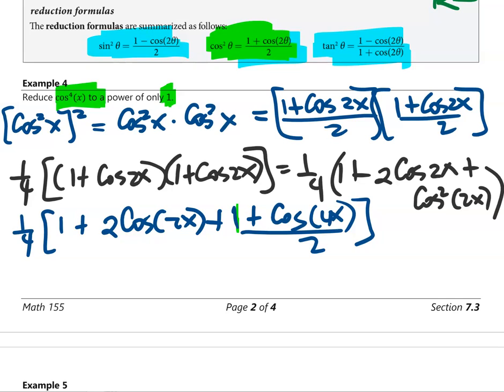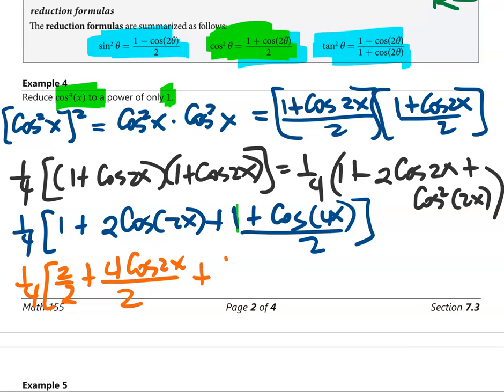Then we can rewrite this as 1/4. This is like 2 over 2. This is 4 over 2 cosine 2x plus 1 plus cosine 4x over 2. So as you can see now, they have all the denominator of 2. So 1/2 times 1/4 is equal to 1/8.